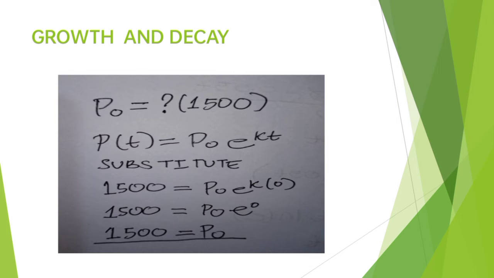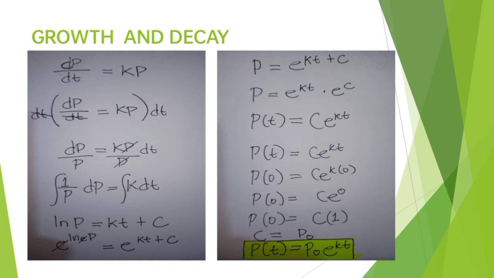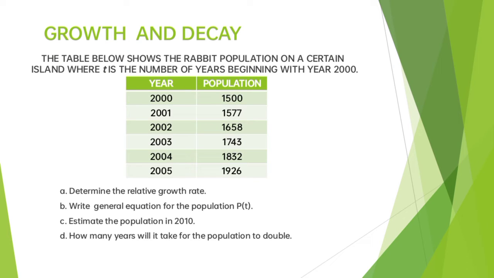Before we compute A, the relative growth rate that we are looking for in letter A, we first need to get P0, the initial population. We know that in the given problem, on the table, we can see the initial population.